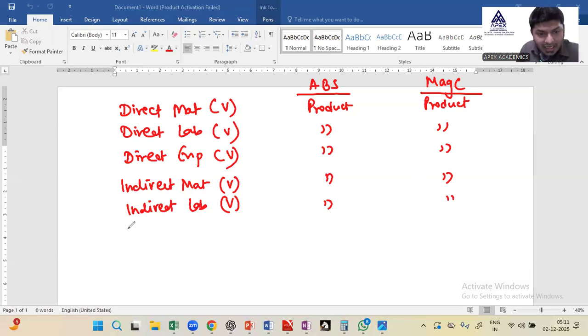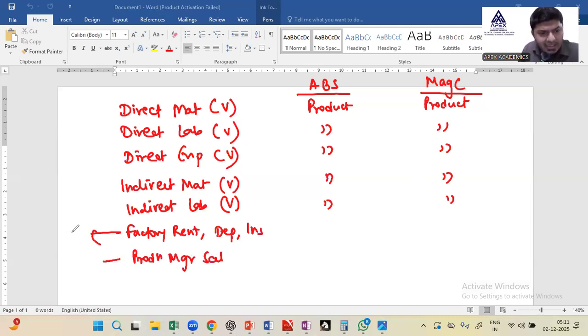Now, items such as factory rent, factory depreciation, factory insurance, and production manager's salary are examples of fixed manufacturing overheads. Under absorption, they continue to be product cost, but under marginal, they will become period cost.